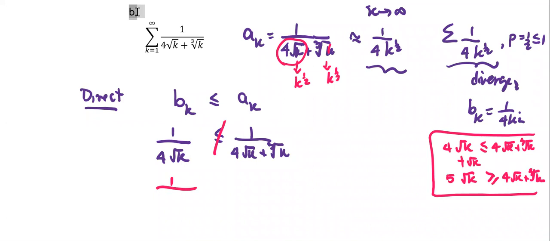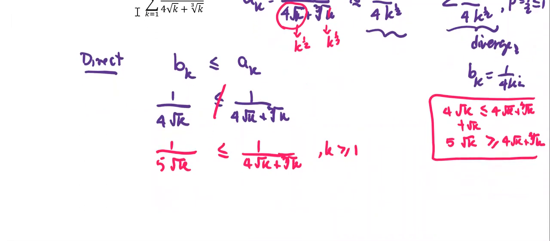So we rewrite it as 1 over 5 square root k less than or equal to 1 over 4 square root k plus the cube root of k for k greater than or equal to 1. Since this is the b_k term of the divergent series, by the direct comparison test, the series a_k diverges.